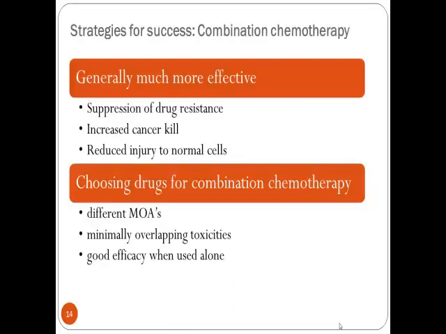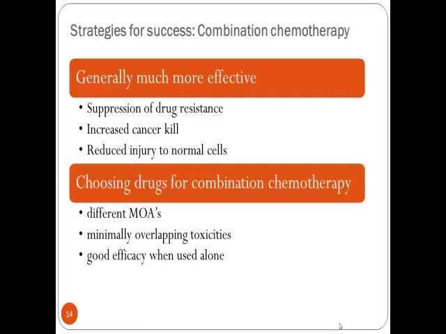The other thing for chemotherapy to work, to increase the effectiveness, is to give two or more drugs in combination. So combination chemotherapy. Generally, it's much more effective because if you choose your cytotoxic drugs carefully, it can suppress drug resistance because you don't have a big dose of any single drug.